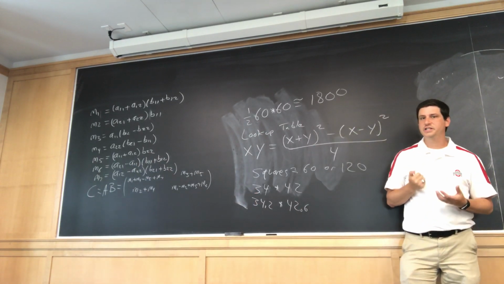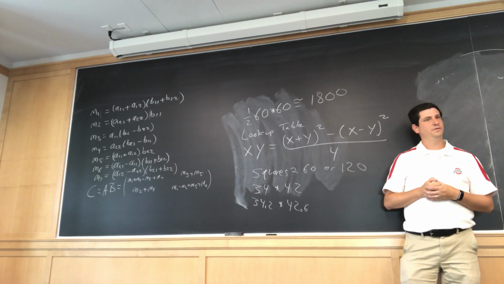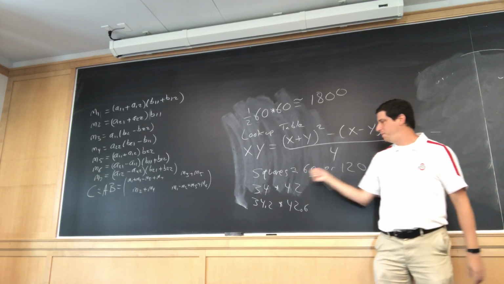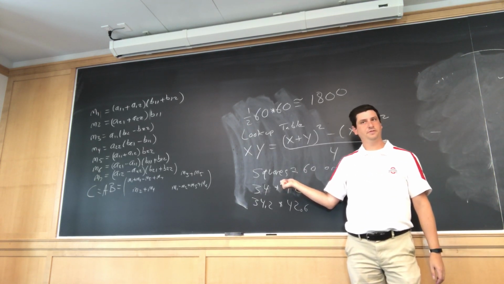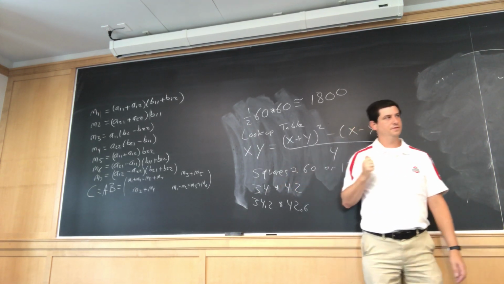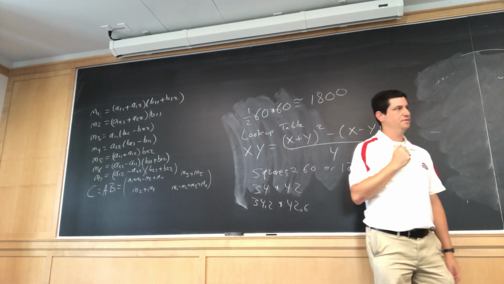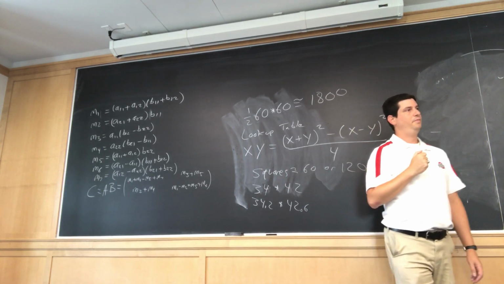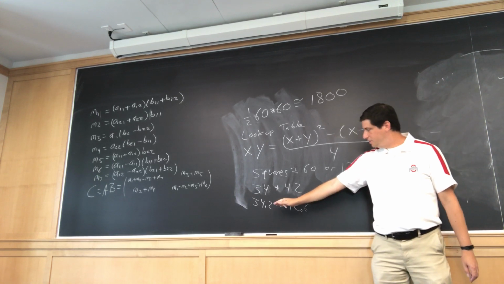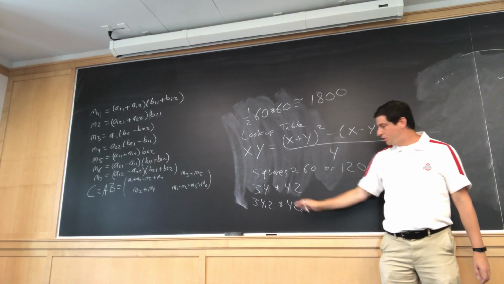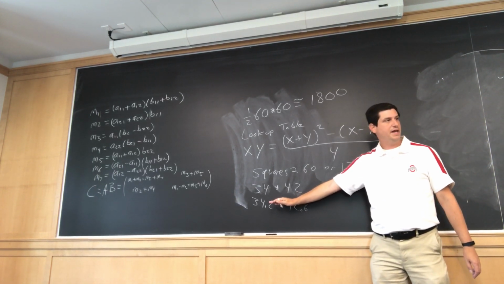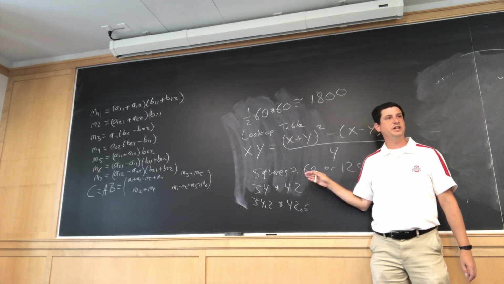So it's no longer on our table. Do you have any rough idea of bounds for this? I mean, it'll be between 34 times 42 and 35 times 42. Good, so we could take the smaller, and then we get a lower bound. We could take the larger and get an upper bound.